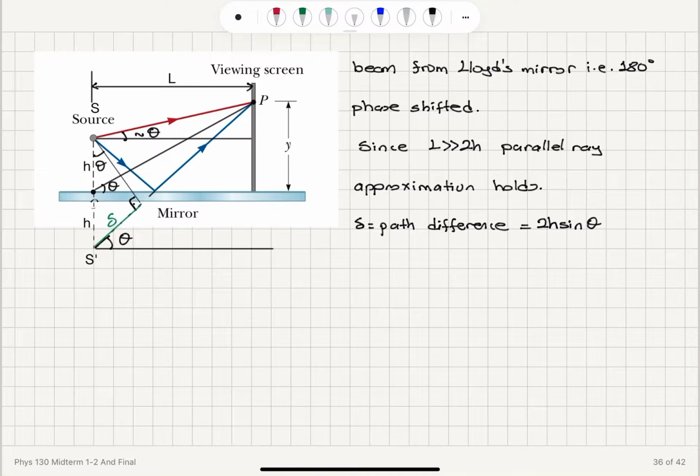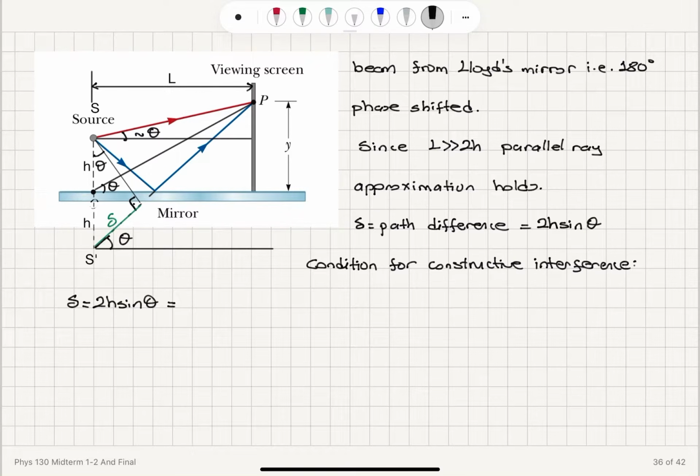What is the condition for constructive interference? Now we have a path difference 2h sine theta. But one of the rays is 180 degrees phase shifted.